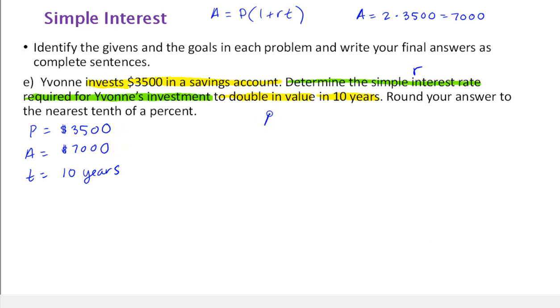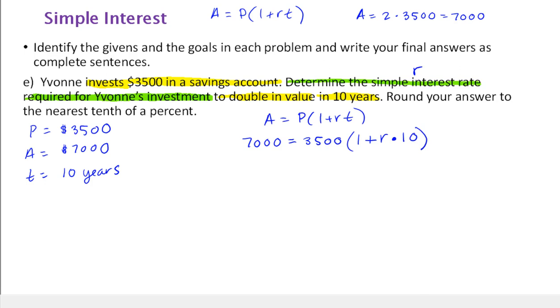Let's plug in our values. So we know the future amount is $7,000. The principal is $3,500. 1 plus, we're solving for the interest rate, so I'm going to put R. And time is 10.